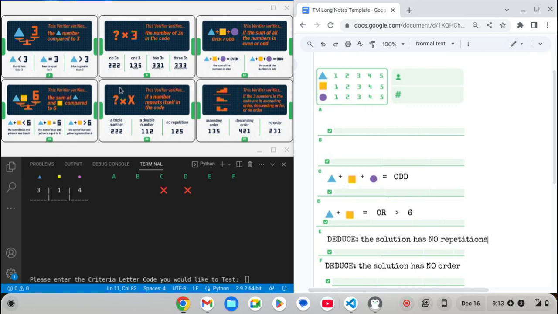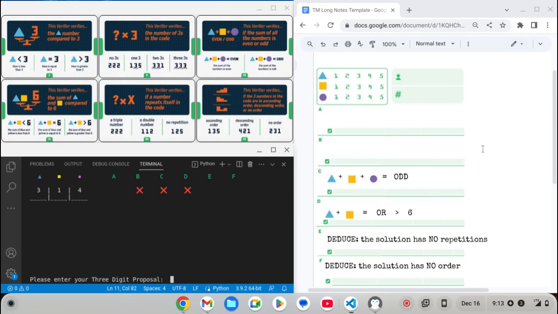So luckily I do have a 3 in my proposal. Let's go ahead and test criteria card B. Okay, so it does not approve of the presence of 3. So there should not be a 3-digit. Very interesting.